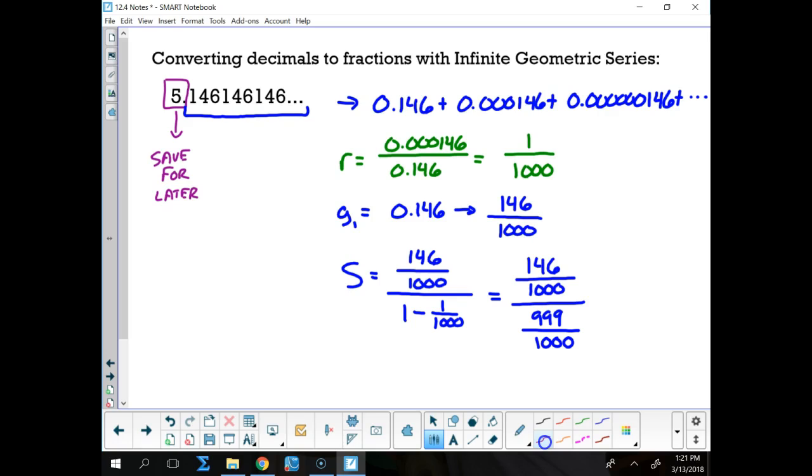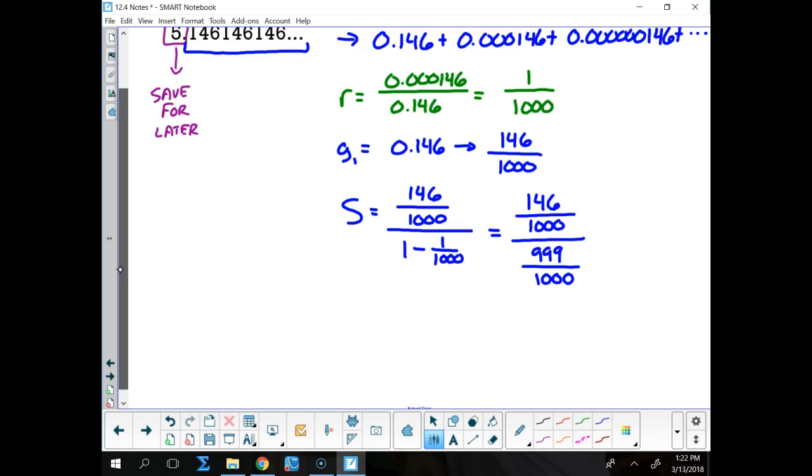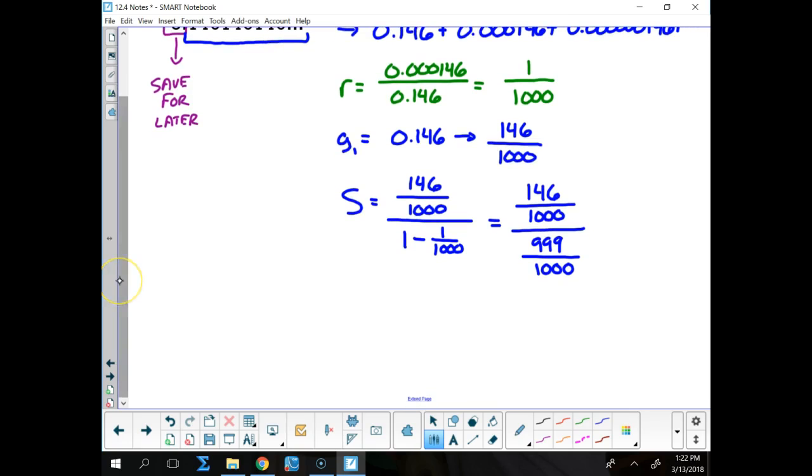Dividing fractions, multiply by the reciprocal. So that's going to be 146 over 1,000 times 1,000 over 999.